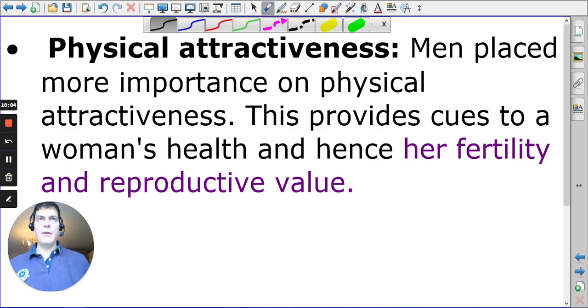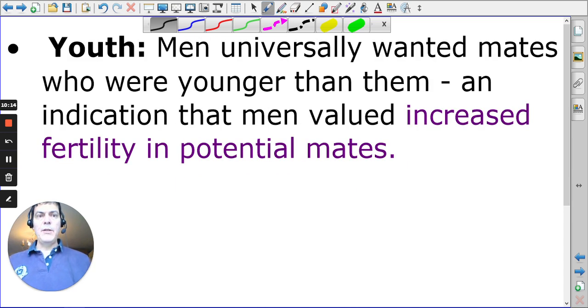So, for example, if they're younger, they're able to produce babies. If they look healthy and strong and well, once again, they can produce babies. Men universally wanted mates who were younger than them, and of course, this indicated the fertility potential of potential partners.